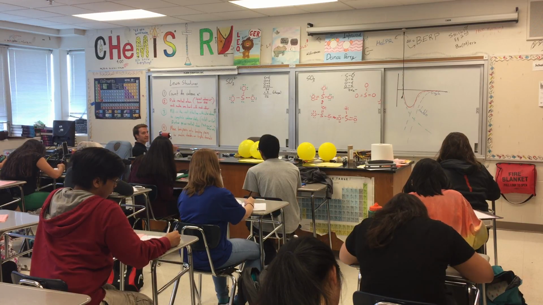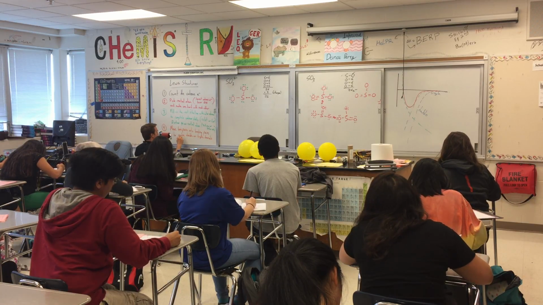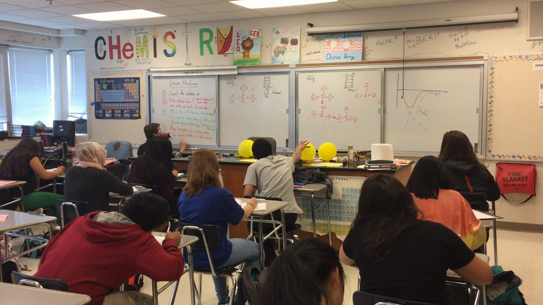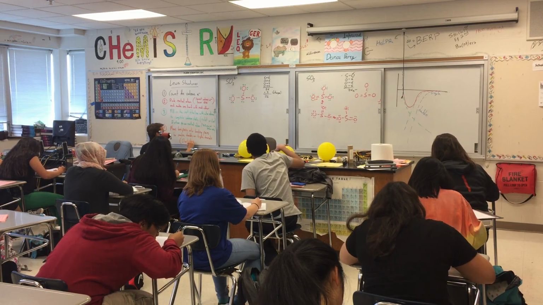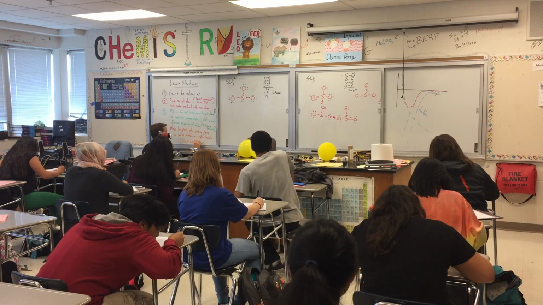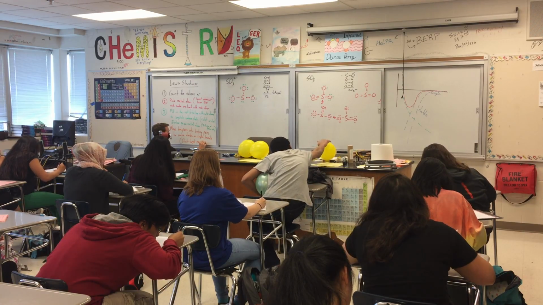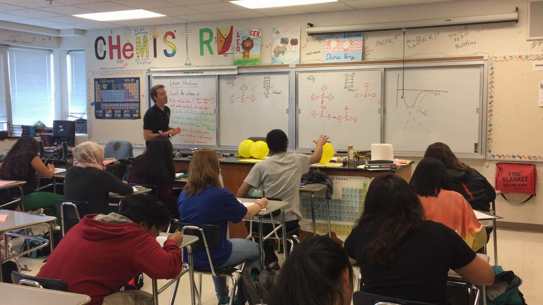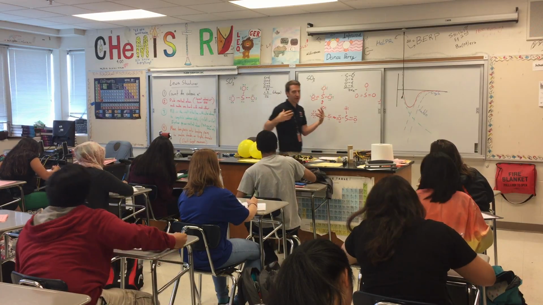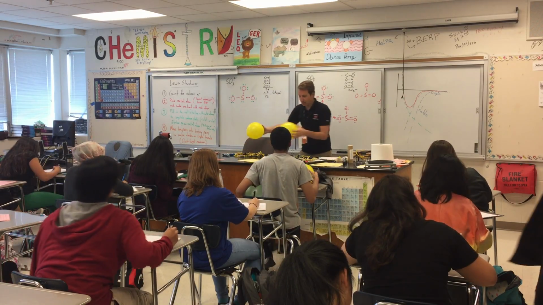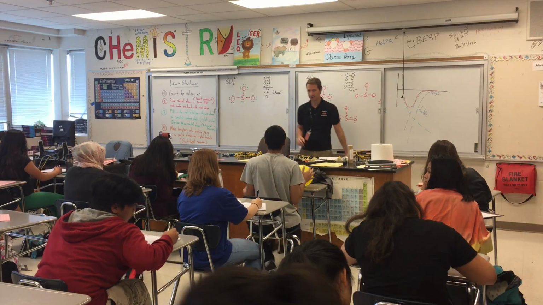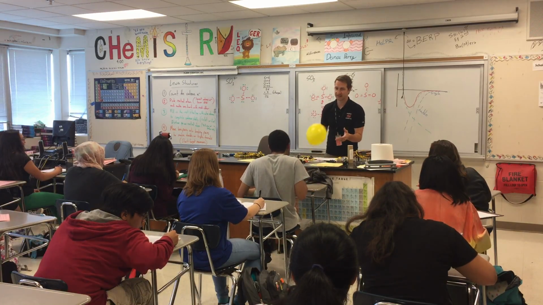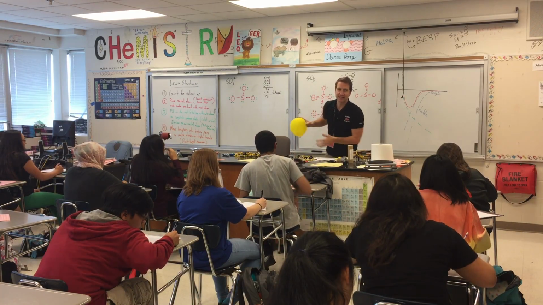Some of you that are over there, there's some balloons in the way, but at the very bottom I'm putting, don't forget resonance. Don't forget resonance. If there are multiple atoms that you could make that double or triple bond with, you got to show them all.